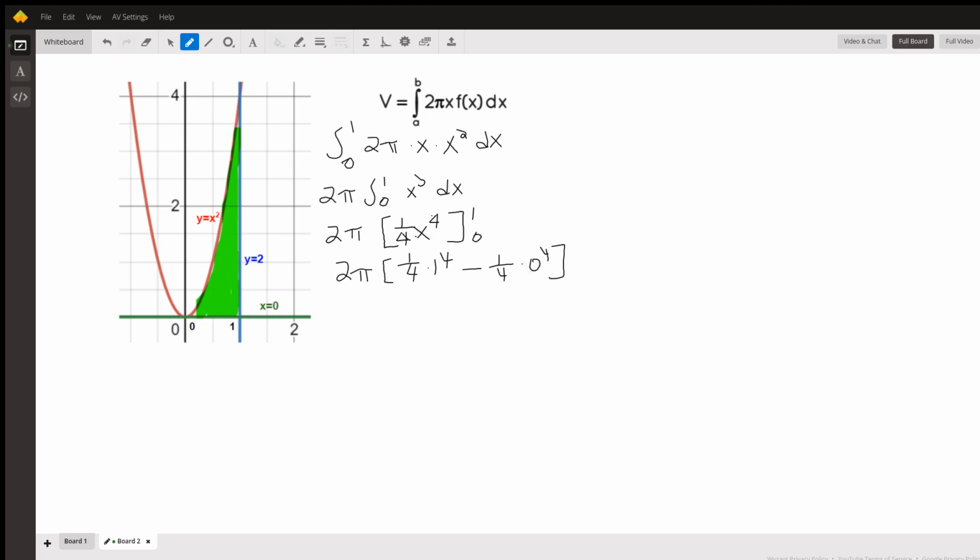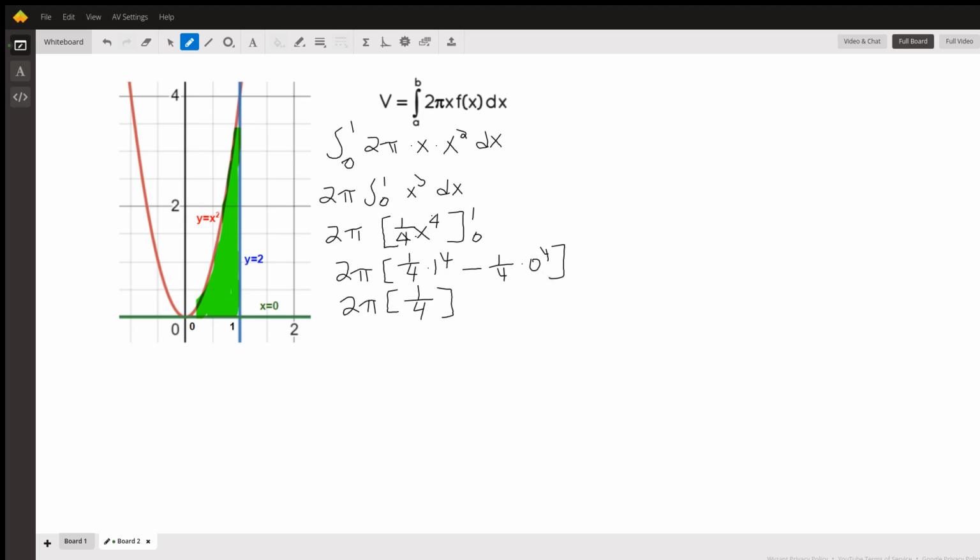Evaluating inside the parentheses, 1 to the fourth is 1, so 1/4 times 1 is 1/4. If you put 0 in for x, 0 to the fourth is 0, so that turns out to all be 0. So it's 1/4 minus 0, and our answer is simply 2 pi times 1/4.